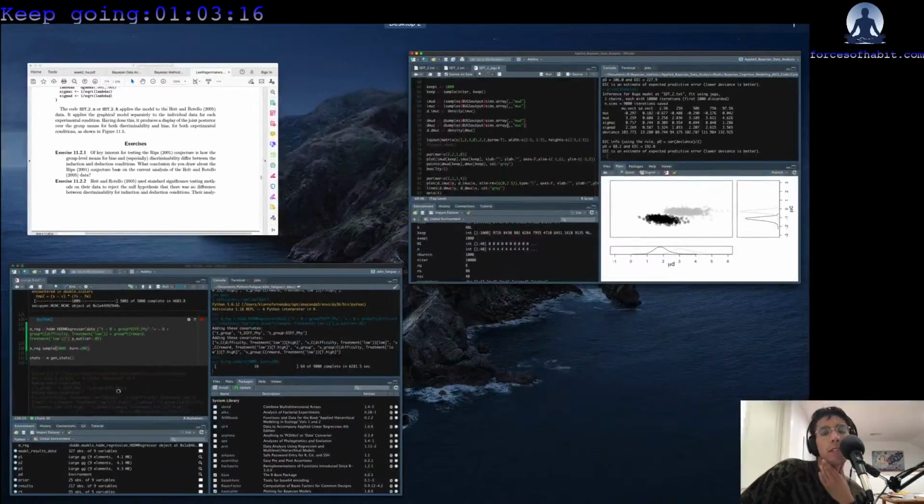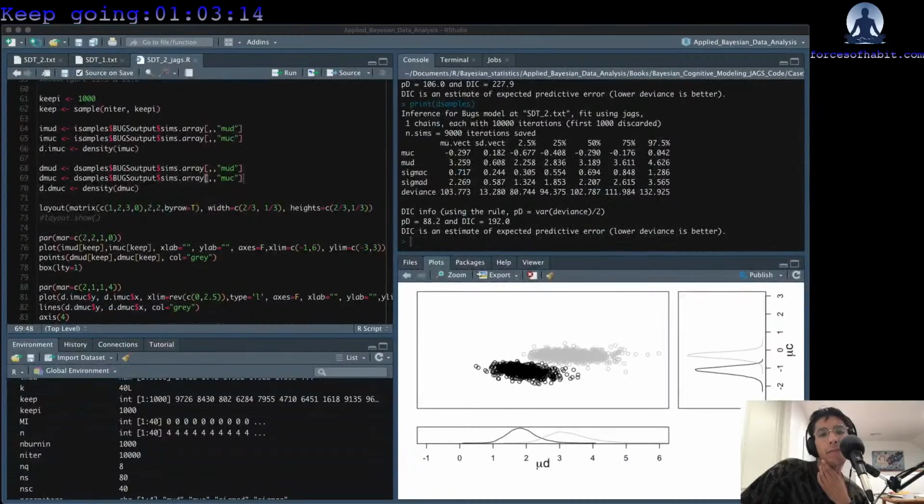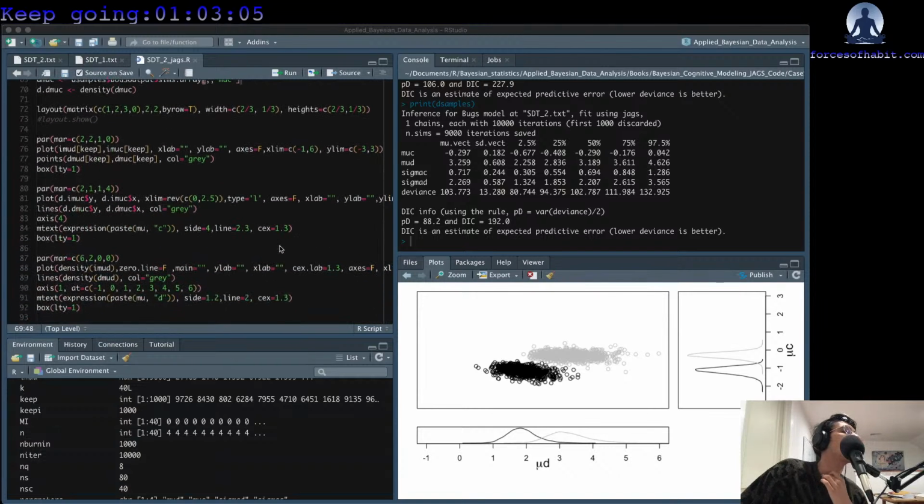I don't recall if there's something I can do to explicitly test that right now. I don't think so. I think it's more of a posterior predictive check kind of thing. Look at samples generated.